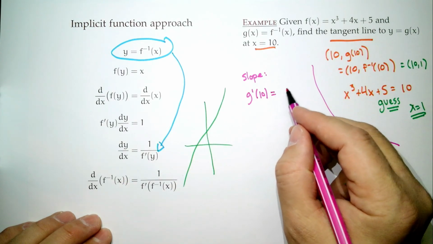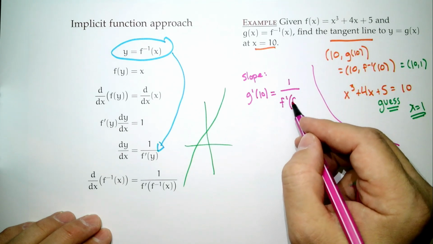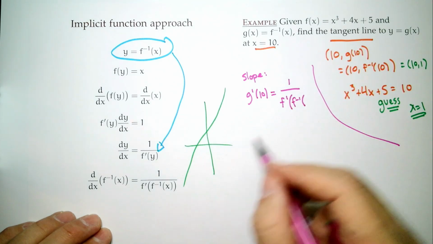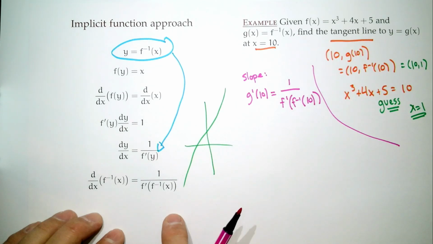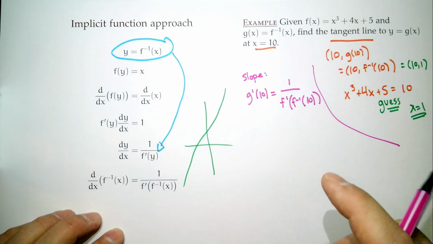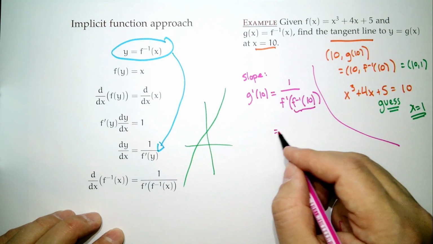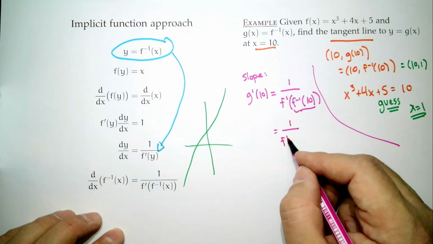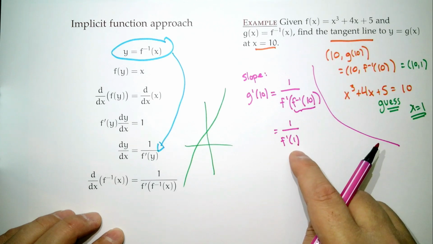According to the formula, it says 1 over f prime of f inverse of 10. So using the formula here, with x equals 10. But we just figured out what f inverse of 10 is. What is f inverse of 10? It's 1. So 1 over f prime at 1. So now we have to find out what is f prime of 1.